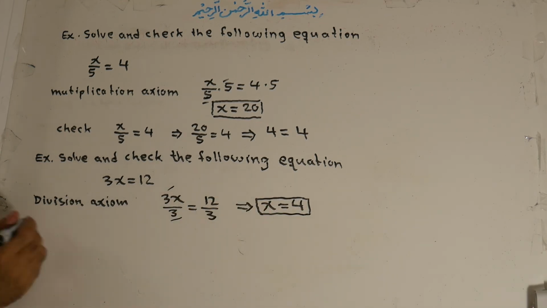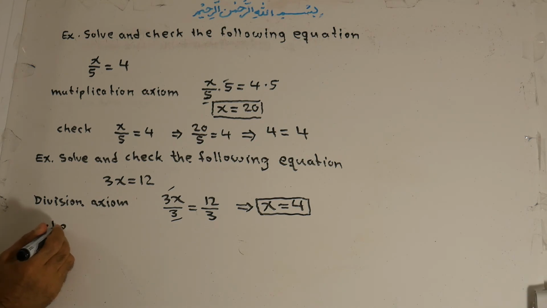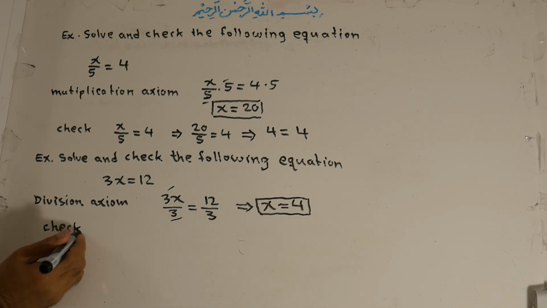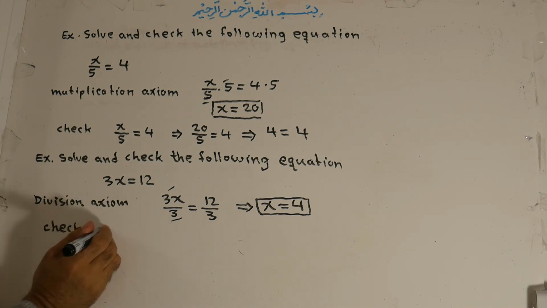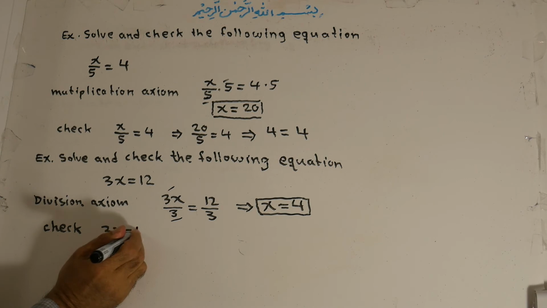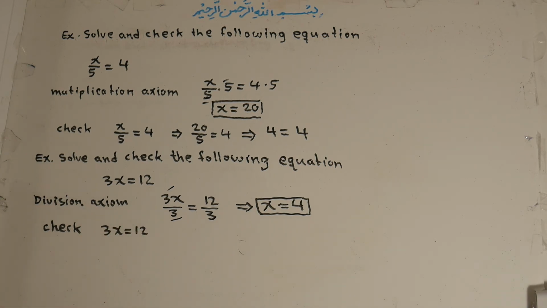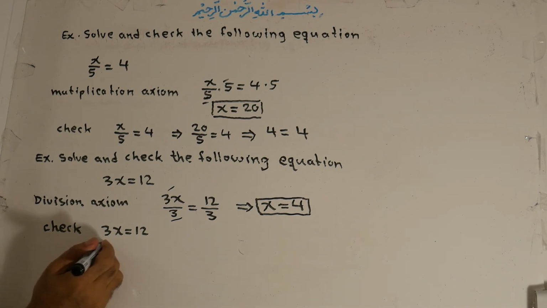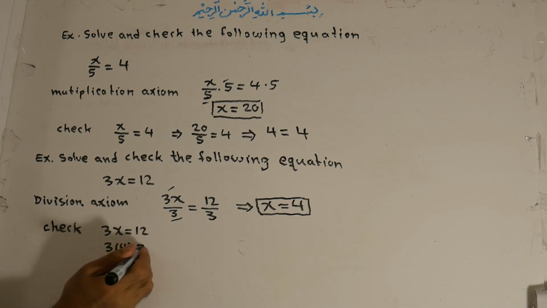Now we check whether the answer is correct or not. Check the answer. We put the number, the answer, instead of the unknown. 3x is equal to 12, and now 3 times 4, instead of x, is equal to 12.